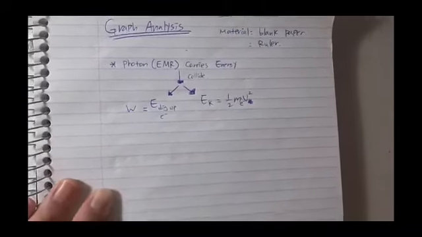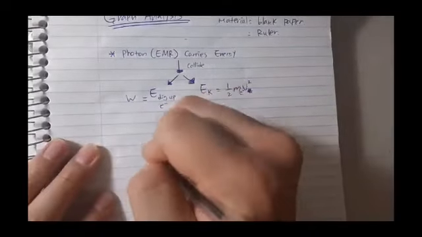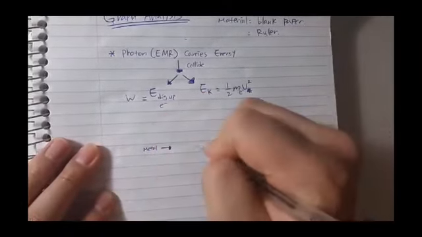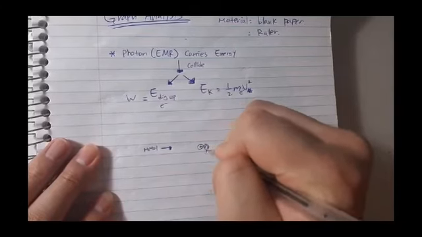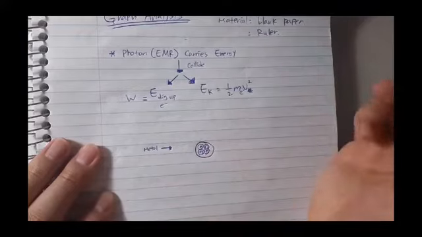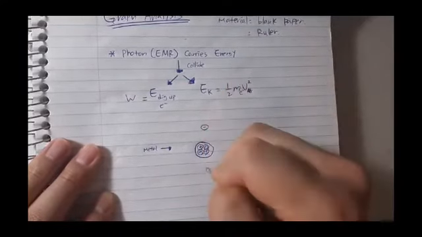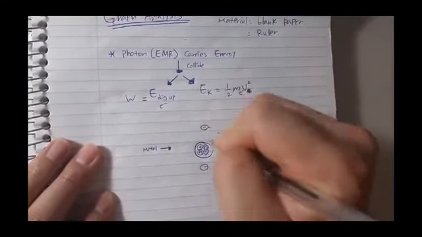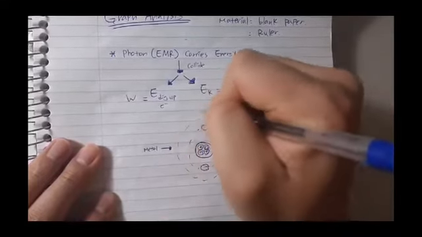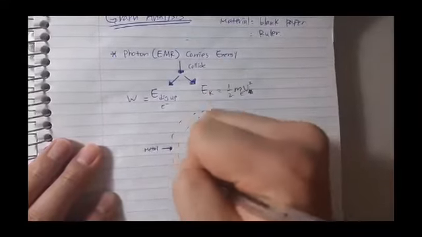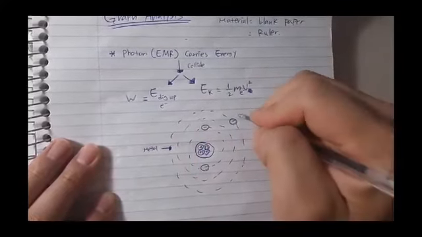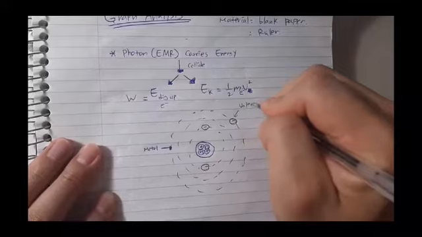And if I draw a little bit of a picture, any type of metal atom has a nucleus, and I have electrons that go around. There's another level and another level, which we learned in Science 10. Let's say this is a valence electron.